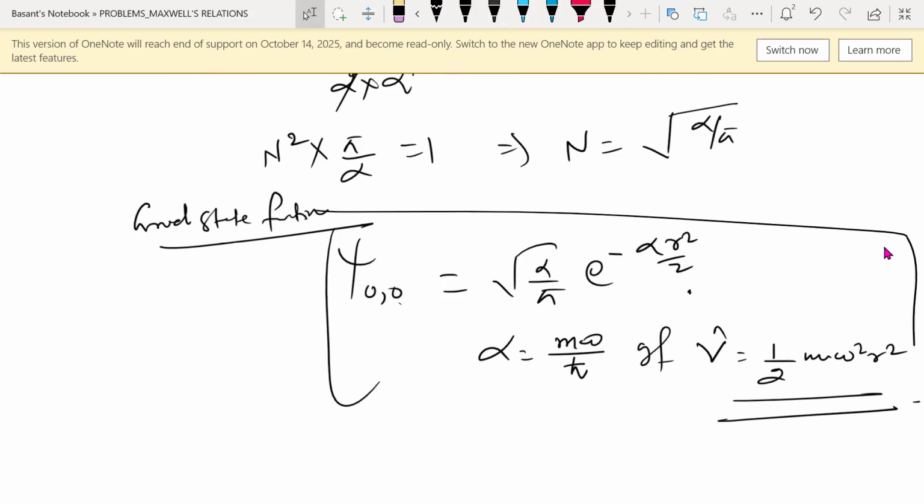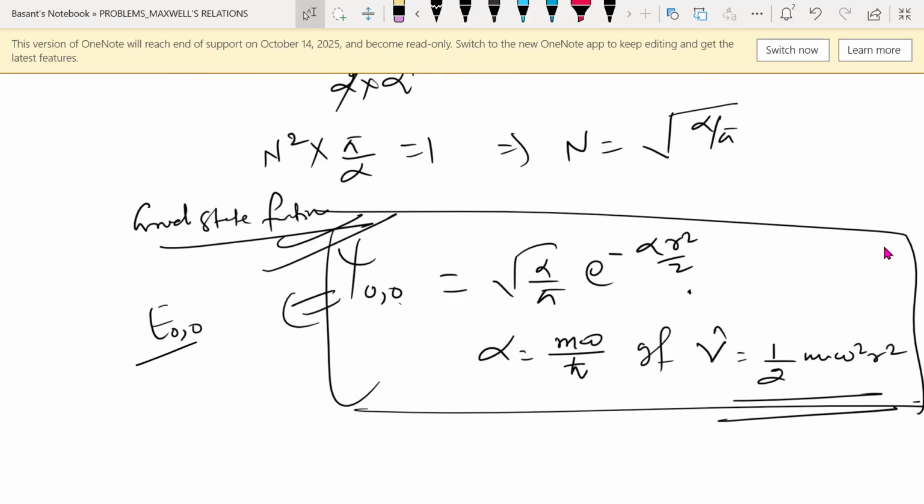So this is the final output of the system, and the energy of this 0,0 function is h bar omega.